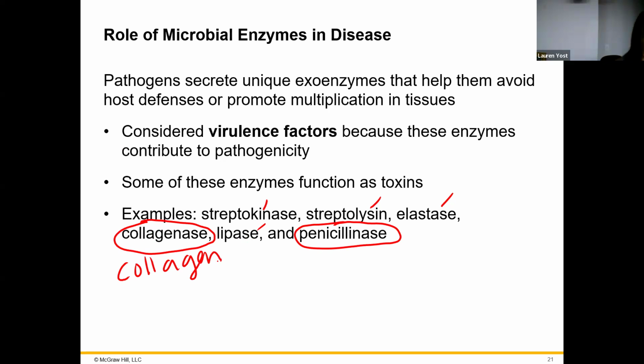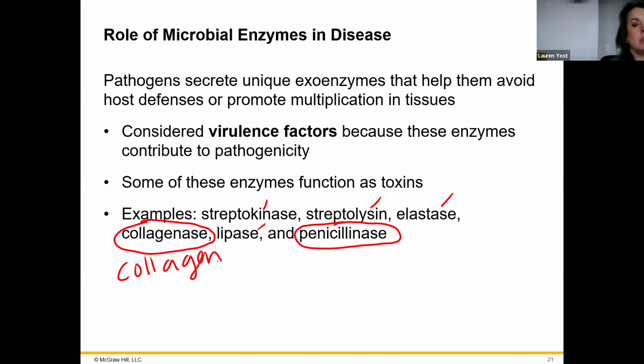Involved in keeping you from getting wrinkles, keeping you from getting cellulite, and whatever else. That's what we think collagen is for. Not actually what it's for. What it's really for is your extracellular matrix and maintaining tissues, right? It does decrease over time as you age. So that support of your tissues decreases, and then you get cellulite and wrinkles and stuff. So that's what collagen is really for.